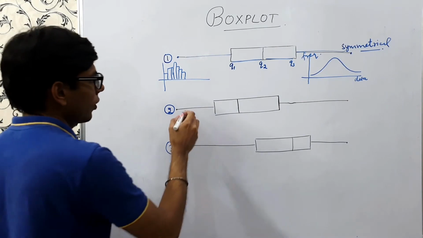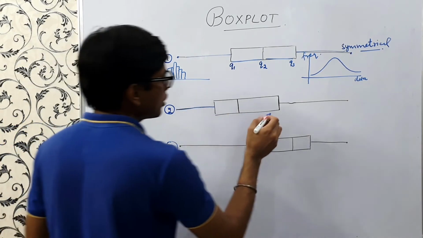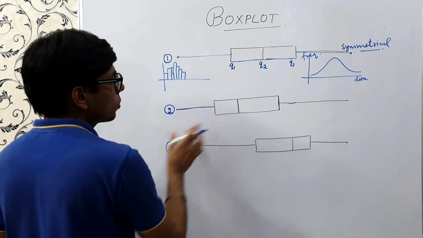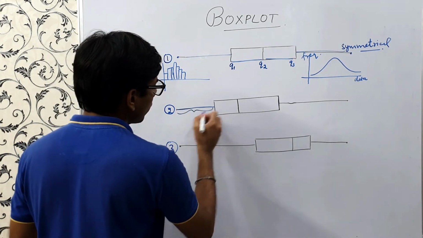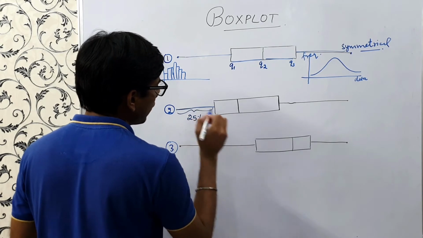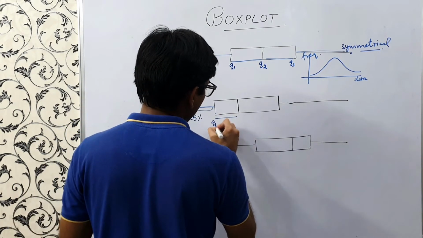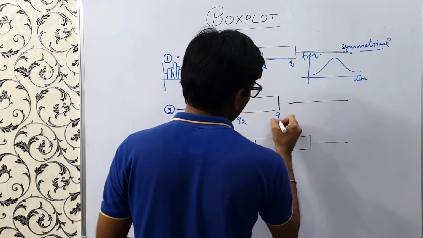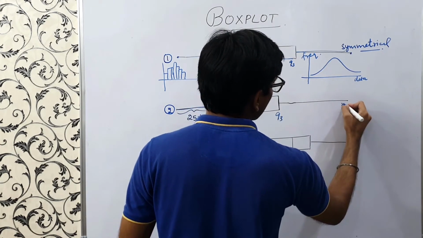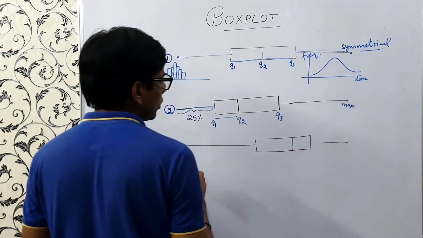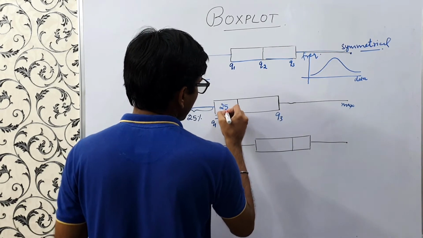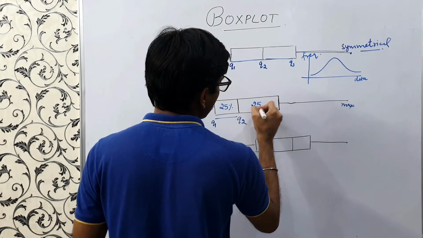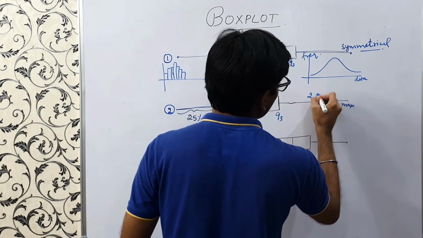same, right? If you see this box plot, the second one, this is 25%, right? This is Q1, Q2, Q3, and this is our maximum. So this is 25%, this is 25%, and this is 25%.